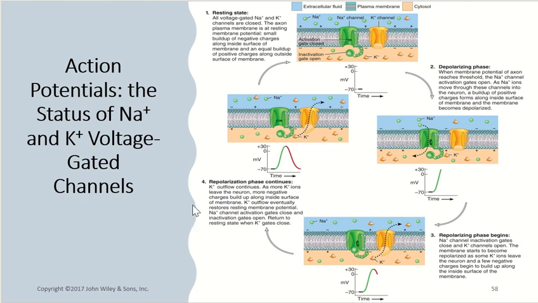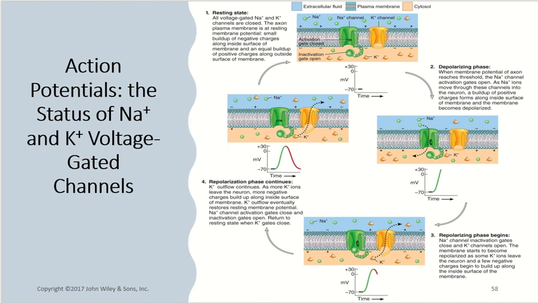Right? As this repolarizing phase continues, potassium is going to continue to flow outward, and as more of those potassium ions leave the neuron, more negative charges are going to build up along the inside surface of the membrane. So this potassium outflow is eventually going to restore the resting membrane potential, and sodium channel activation gates are going to close, and the inactivation gates are going to open.